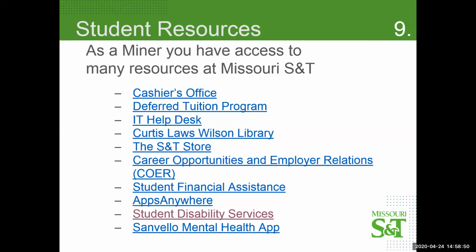The S&T store, of course, has logo wear, graduation regalia, but they also do textbook price comparisons. If you go to their website, there's a section for looking up textbooks.